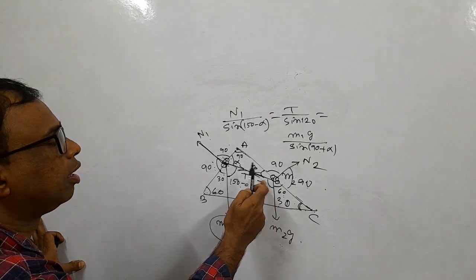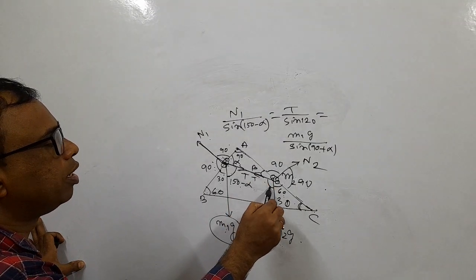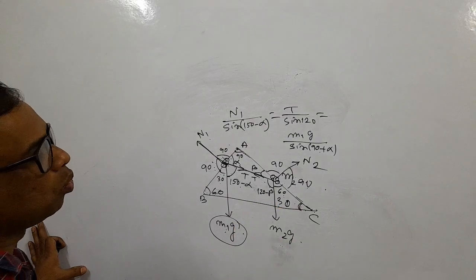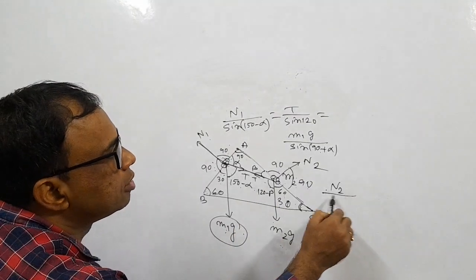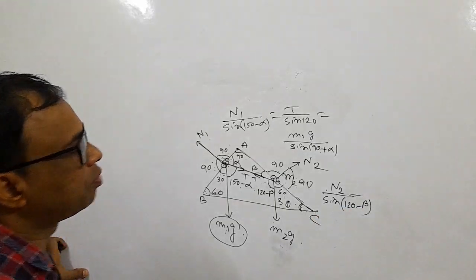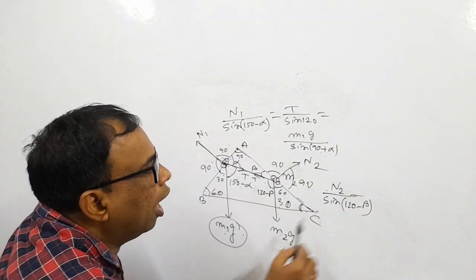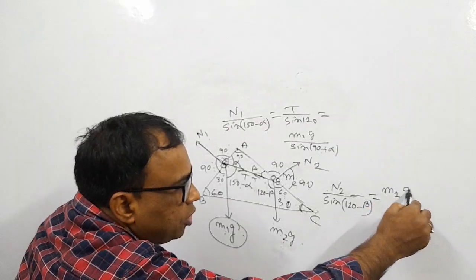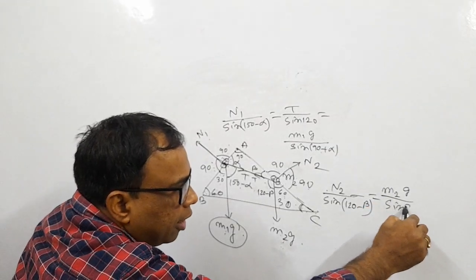So this should be 120 minus beta. Now N2 by sine (120 minus beta) is the first ratio of Lami's theorem. M2G divided by sine 90 is the second.